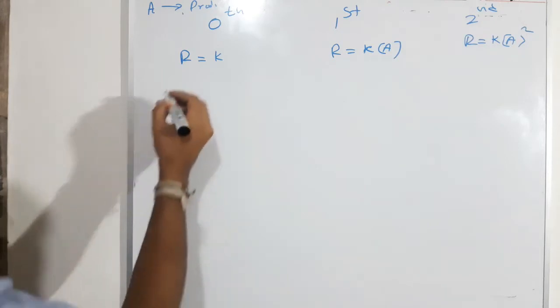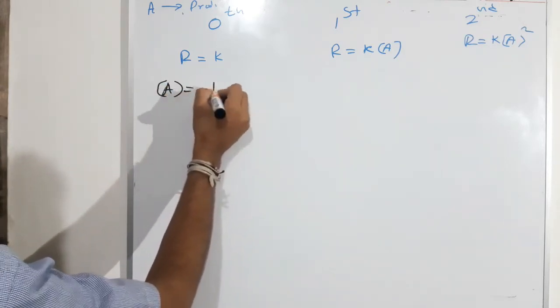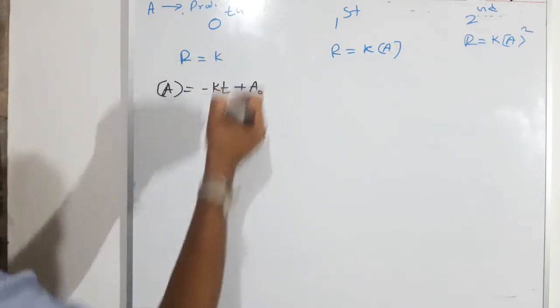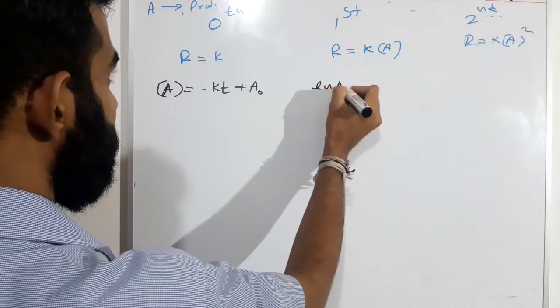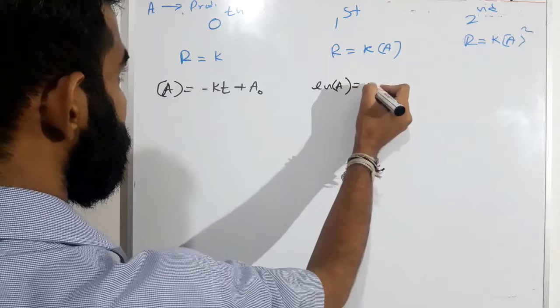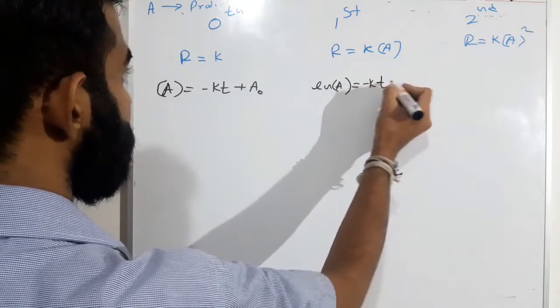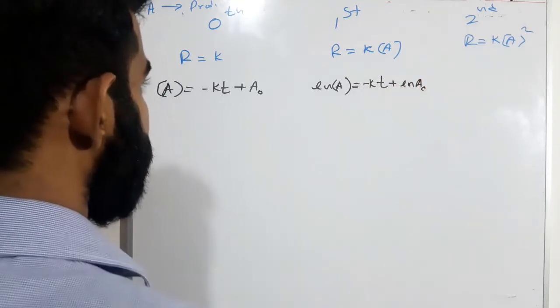You can remember that in zeroth order, A is equal to minus KT plus A naught. In first order it was ln A is equal to minus KT plus ln A naught.